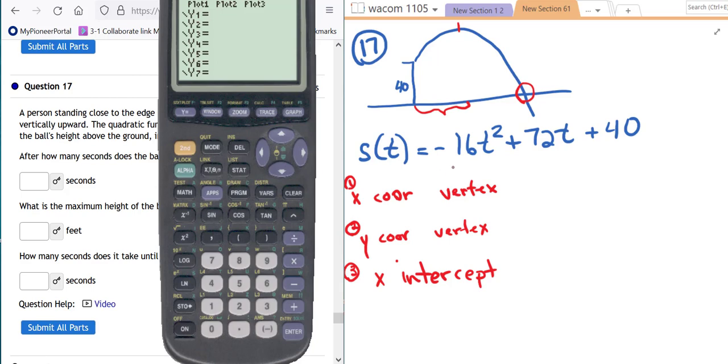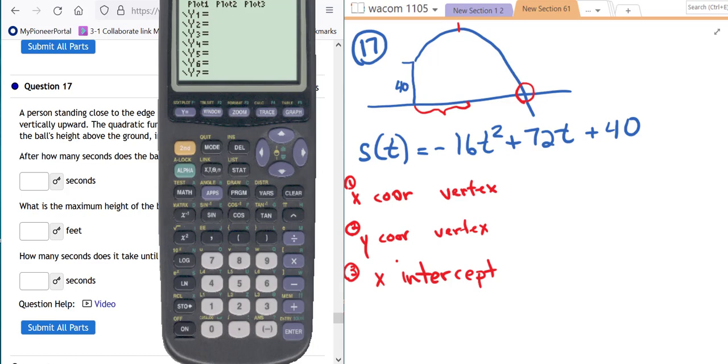This one does open down, and we could find this by hand also: negative 72 over 2 times negative 16. We could find them by hand, but we're going to find them on here.